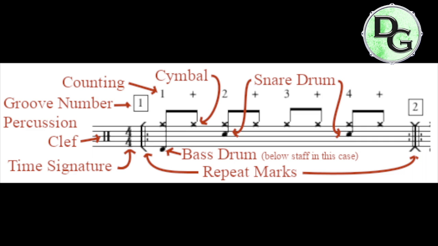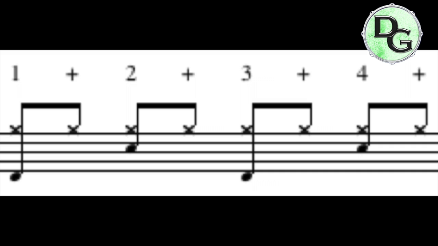The notes above the staff usually will mean to play on a cymbal, like a ride cymbal or a hi-hat or a crash cymbal or something like that. The notes inside the staff will usually mean to play the snare drum or the tom-toms, and then a note near the bottom of the staff will probably mean the bass drum. And when we look at this drum set notation for a basic rock groove, we see these notes above the fifth line, and they have an X for the note head.